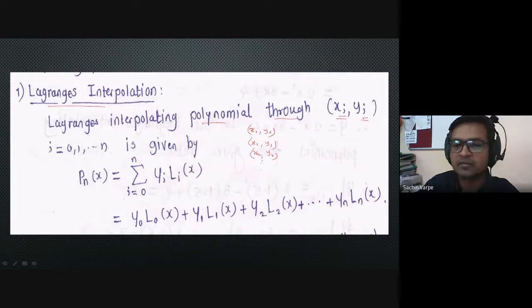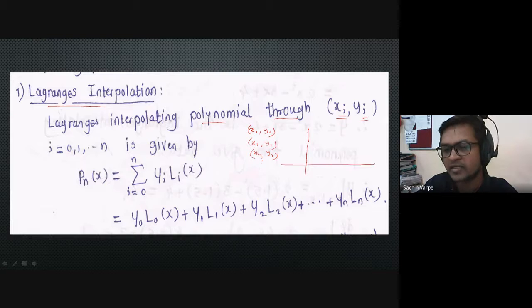See, if you recall the things you might have discussed in, I think, 8th or 9th standard, with the help of given points we plot those points on the graph paper, and we try to join those points to get a graph passing through these points. The same thing we are doing here, but we are not actually going to plot the curve passing through these points.